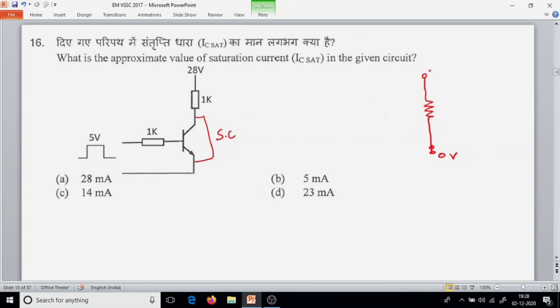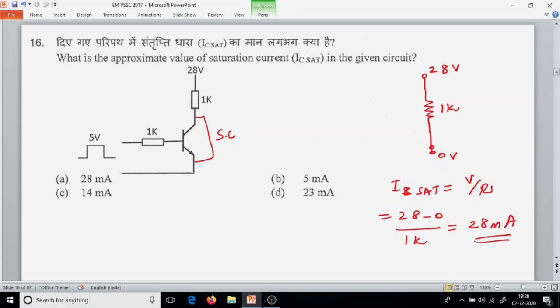So 28 volt is here, and this is 1K. What is the saturation current? IC sat equals V by R, which is 28 minus 0 divided by 1K. So 28 milliamps of current will flow. So the answer is option A.